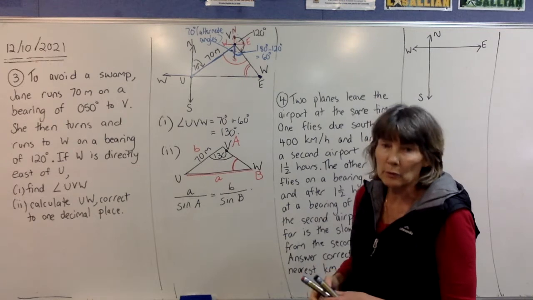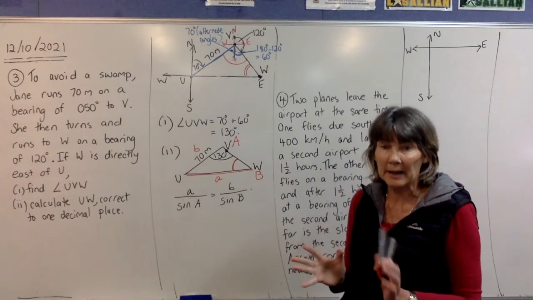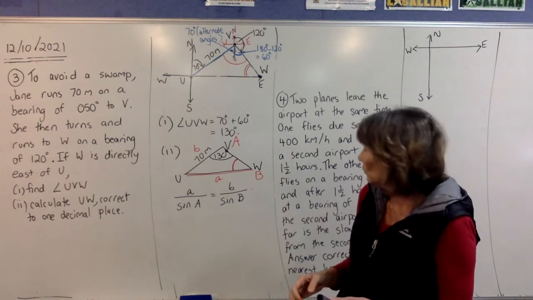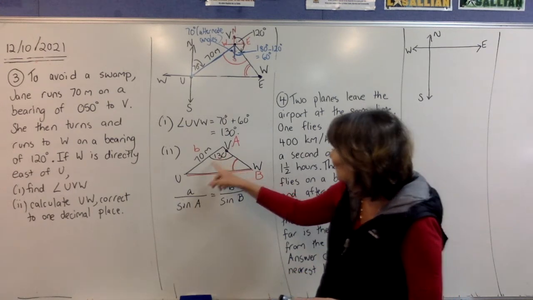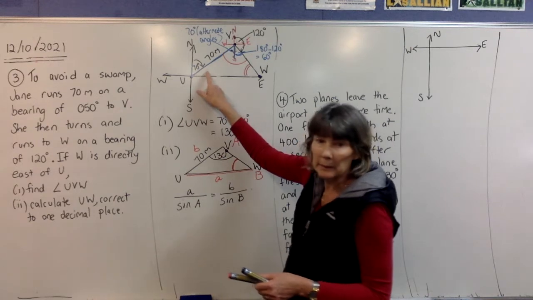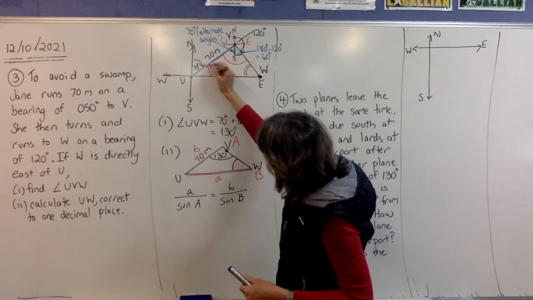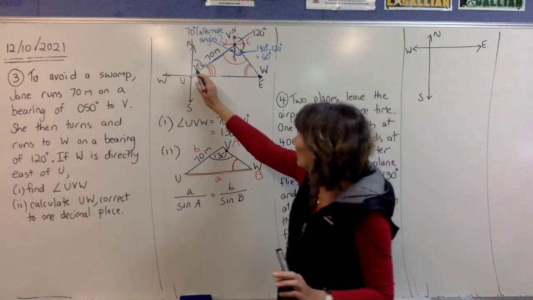Well, there's a few different ways that you can find it. It doesn't matter how you get there as long as you get there. But what we can do, we know that we've got 130 up here. What would this angle here be? That angle there. That's right, a right angle there.